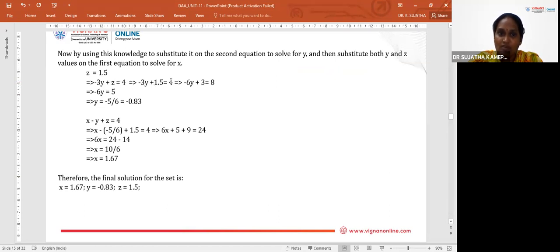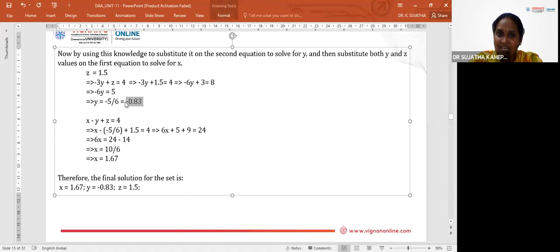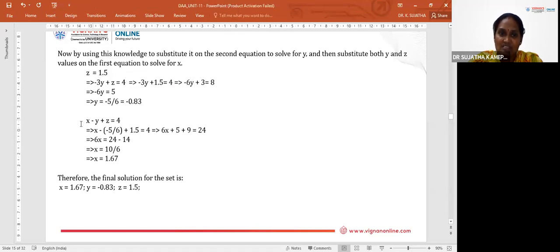Substituting the z value, I find the value of y, which is minus 0.83. Now this y value and z value are substituted in the first equation. Then we get the x value as 1.67. So finally, the solution is 1.67, minus 0.83 and 1.5.